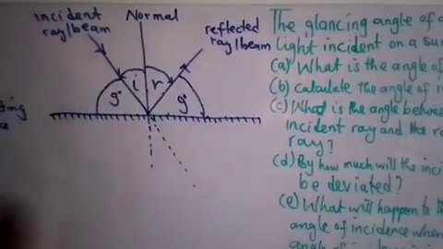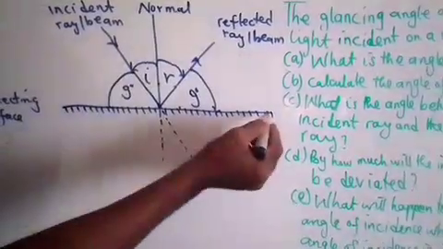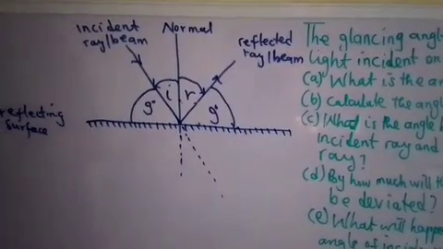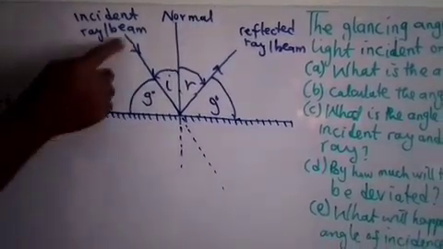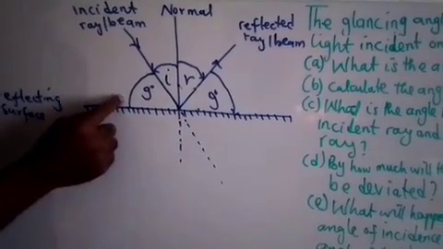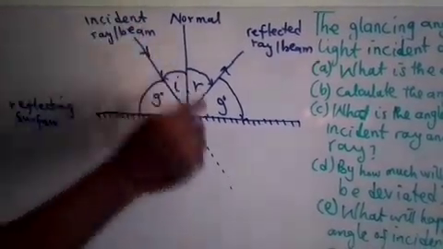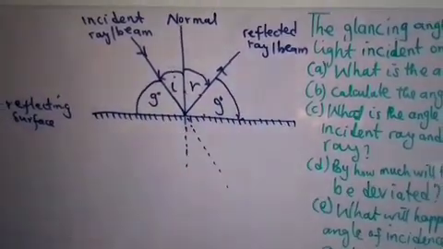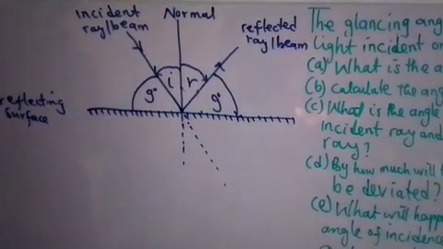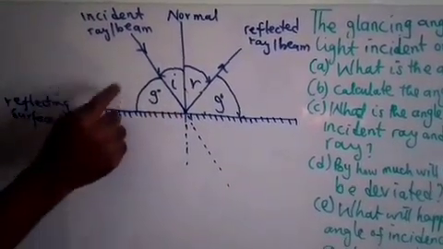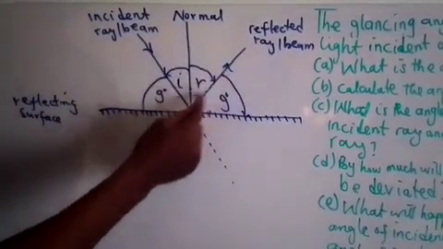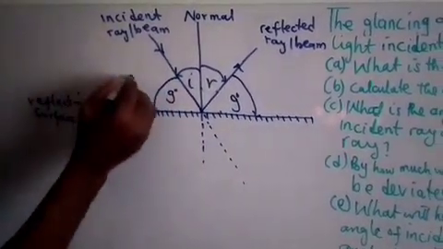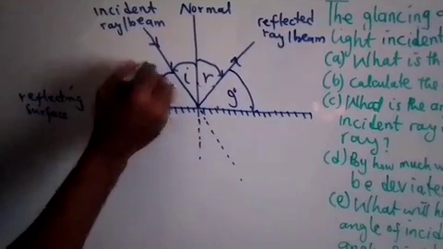That is the angle between the reflected beam and the surface. Now, what do I mean? Glancing angle is the angle between the incident beam and the reflecting surface. Or, glancing angle is the angle between the reflected beam and the reflecting surface. Very, very important. From the question, we are told that this G is 20 degrees. Can you see that?